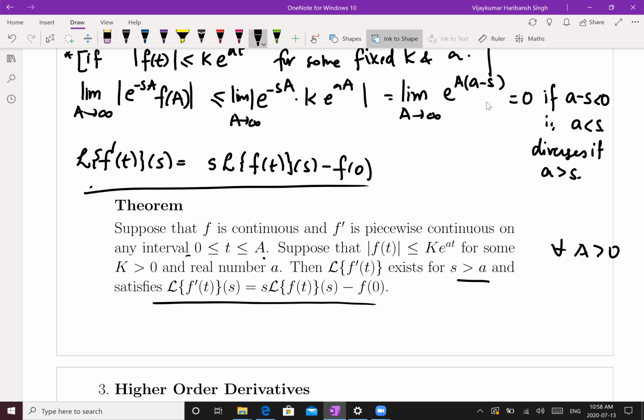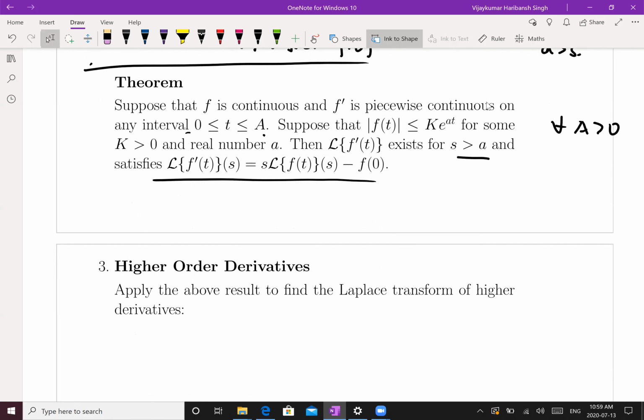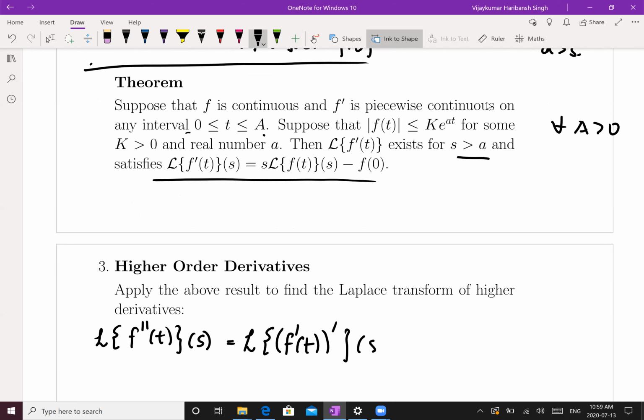Now, we got the first derivative. What about the second derivative, third derivative, and so on and so forth? So let's see. The Laplace transform of the second derivative: you can think about this as the Laplace transform of the derivative of the derivative of f.